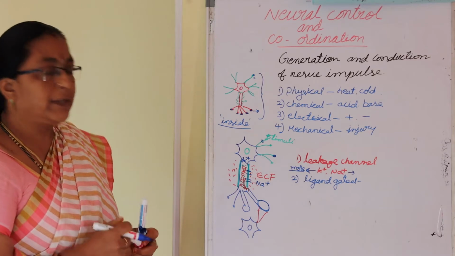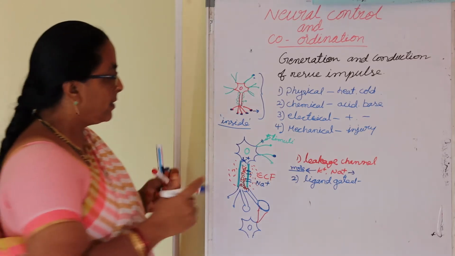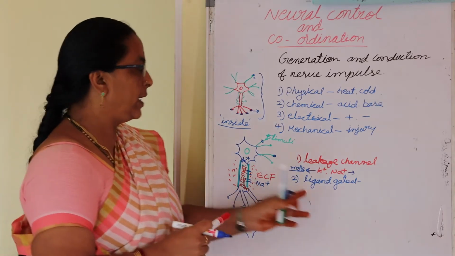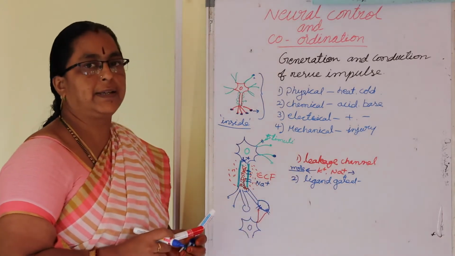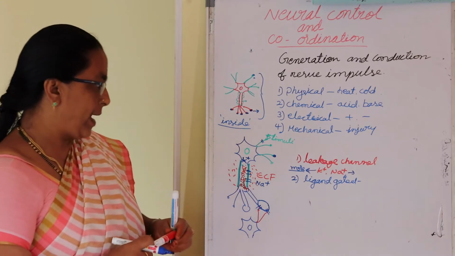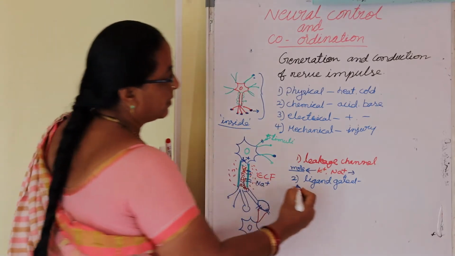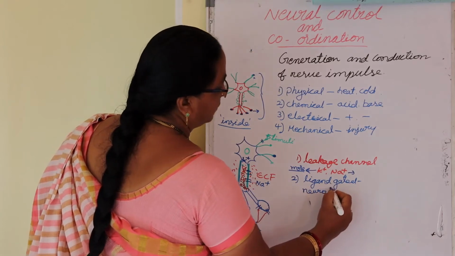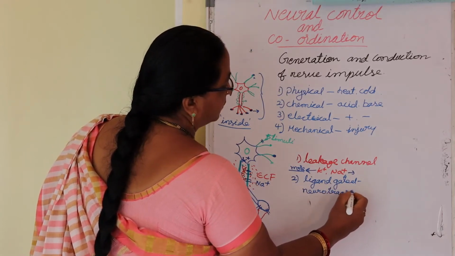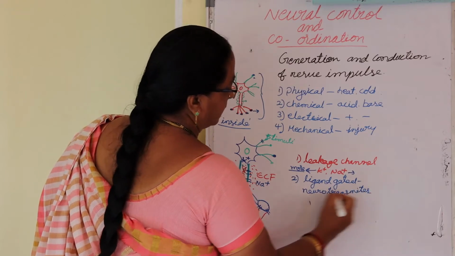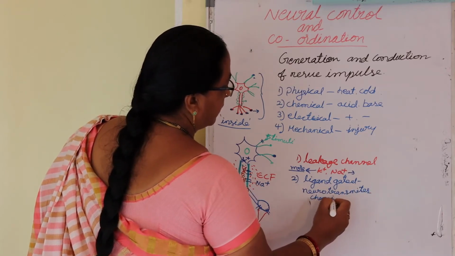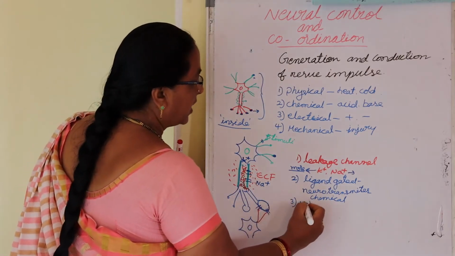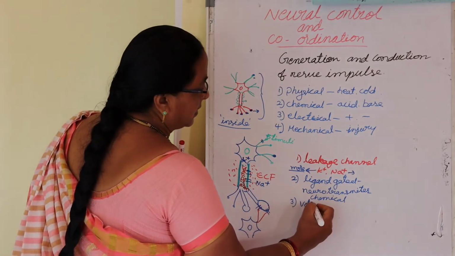Here neurotransmitters are present. Those neurotransmitters pass through the channels. So ligand-gated channels are present in cell bodies and dendrites, and they allow neurotransmitters, which are chemical signals. Third one is voltage-gated channels.